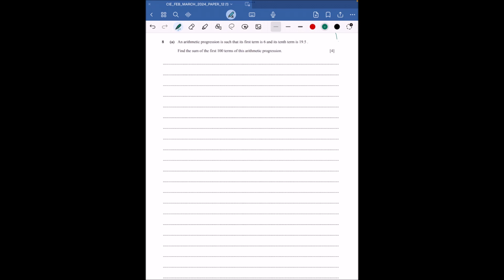All right, so this is an arithmetic progression. The first term a is 6. The 10th term, a plus 9d, is 19.5. I think this is very easy. So we substitute: 6 plus 9d equals 19.5.